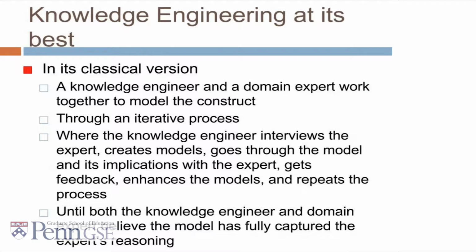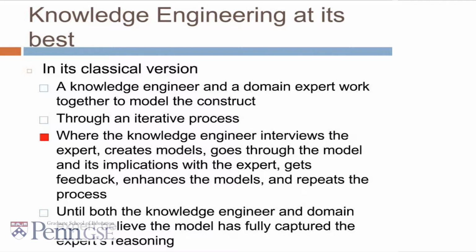In the classical version of knowledge engineering, a knowledge engineer and a domain expert work together to model the construct. What they do is follow an iterative process where the knowledge engineer interviews the expert and then creates models based on what they understand about the expert's process and reasoning. They then go back to the expert and go through the model and its implications with the expert.